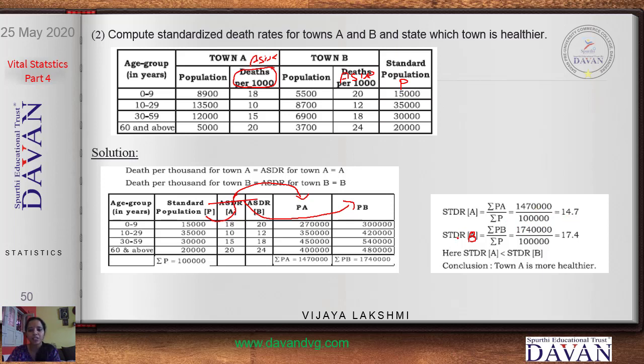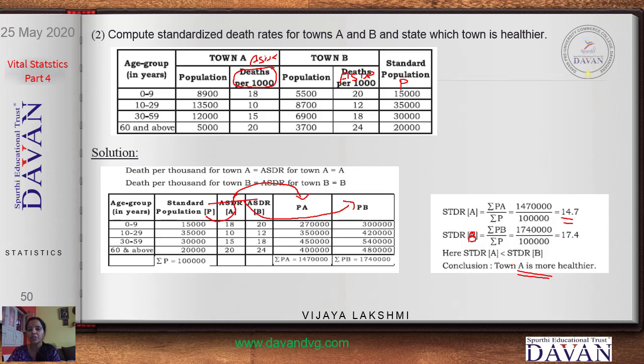Similarly, do for STDR of B. It is summation PB divided by summation P. So summation PB is 174 followed by 4 zeros divided by 1 lakh, which is equal to 17.4. Comparing these, since STDR of A is less than STDR of B, town A is healthier. This is your conclusion. Hope I'm clear with this.